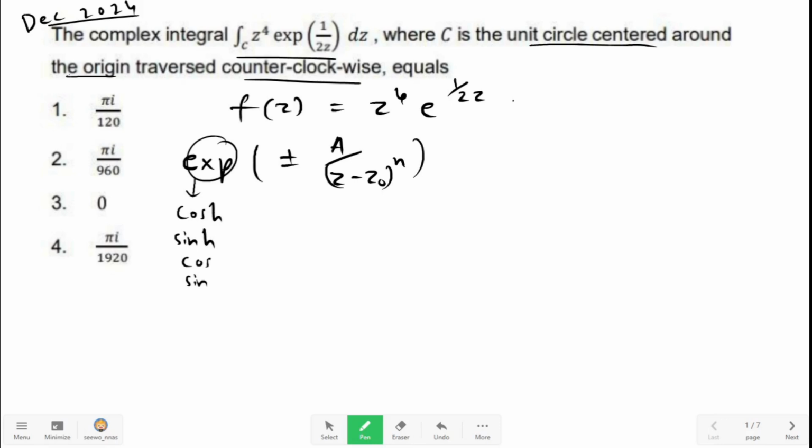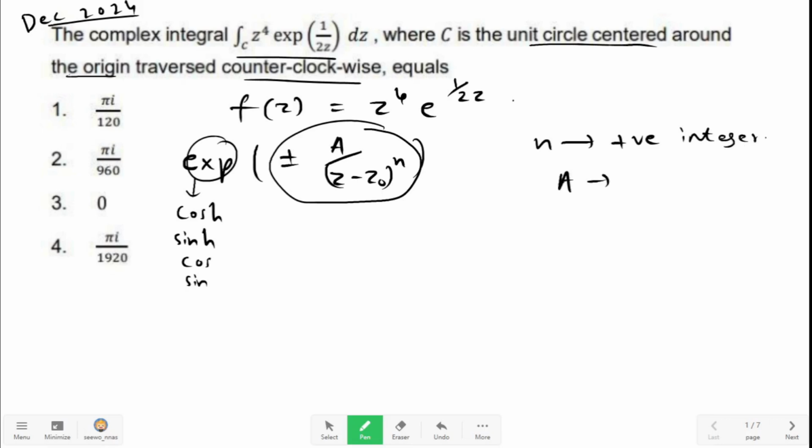So for functions like this, n here is a positive integer, a is a constant. If some function like this is present in the numerator of f of z, then z equal to z naught will be an essential singular point.